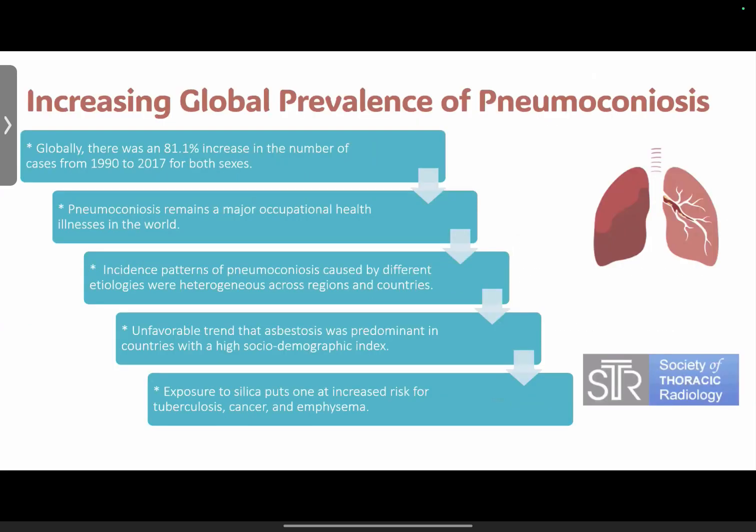Okay, so what are the statistics regarding pneumoconiosis? Has it been increasing? You can say that there has been an increase according to the statistics from an international group. And according to this, it has increased 81.1% from 1990 to 2017. So this is troublesome.